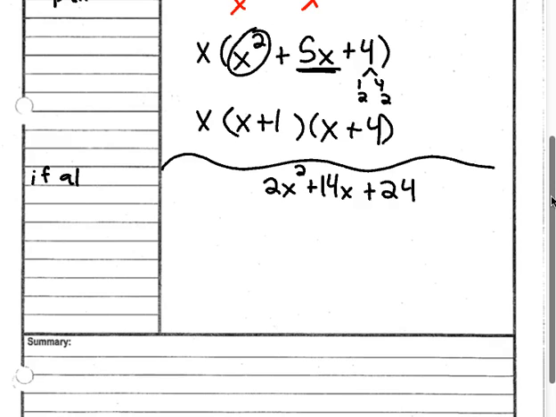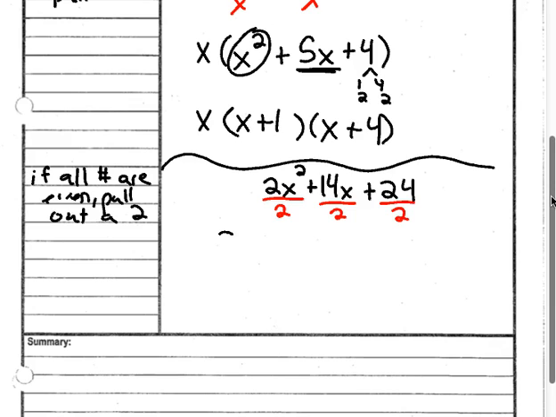So if all numbers are even, you can pull out a 2 from everything.